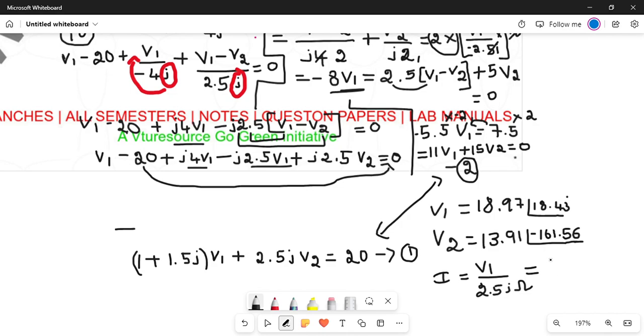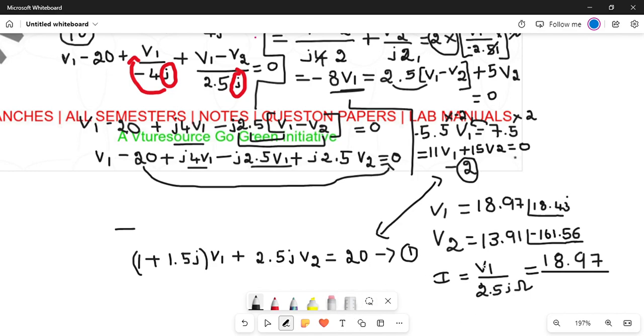In the resultant we get V1 as 18.97 at an angle of how much? 18.43.